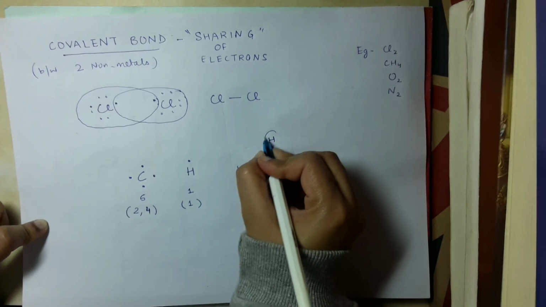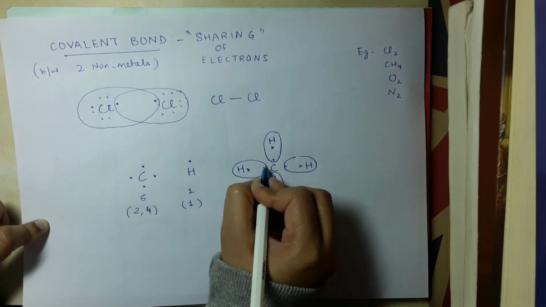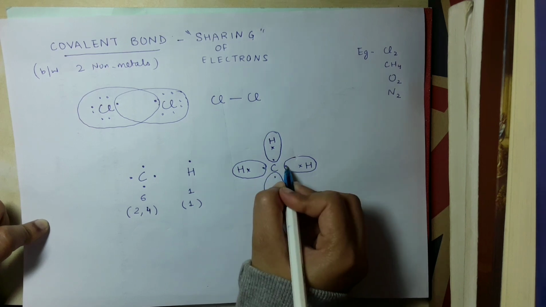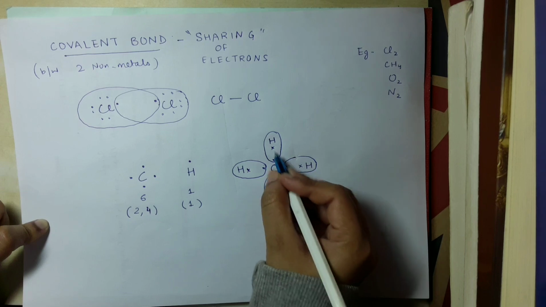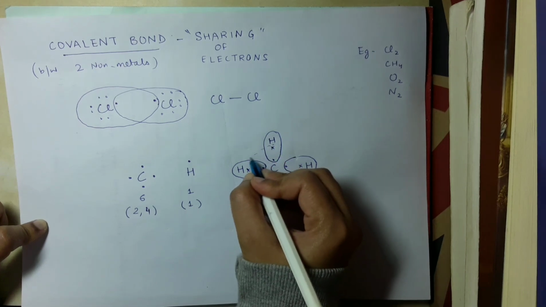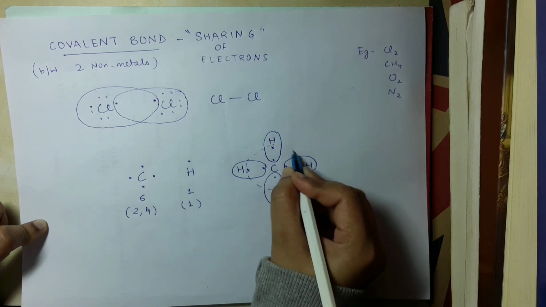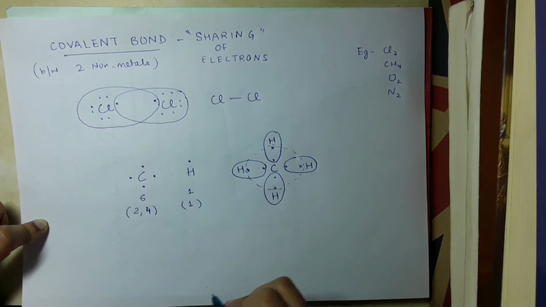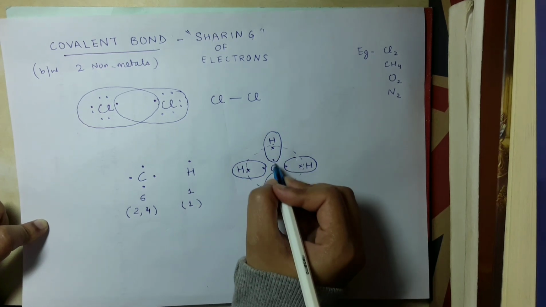Hydrogen shares it with carbon like this. And carbon needs 8 electrons to become stable. So 1, 2, 3, 4, 5, 6, 7, 8. Draw it like this. Again, 2 electrons combine to form a single bond, that I just told you.